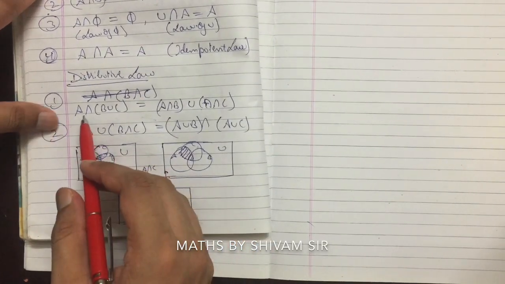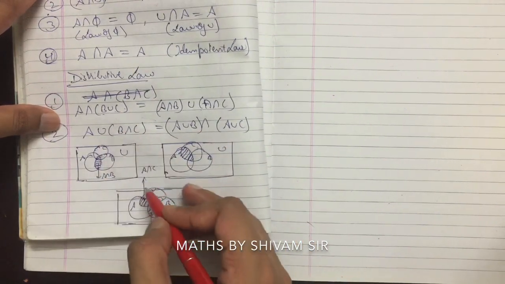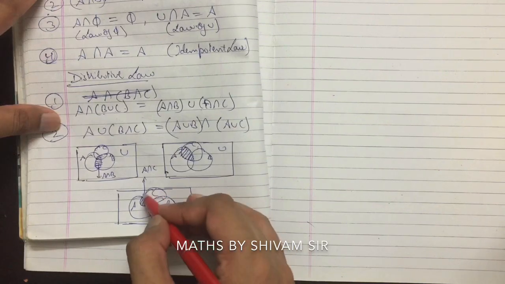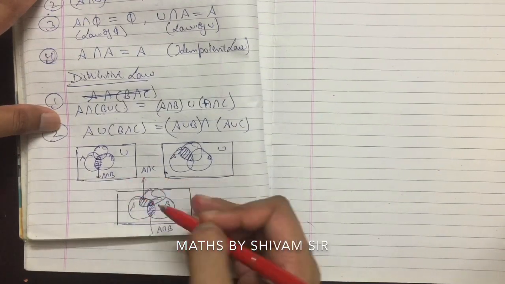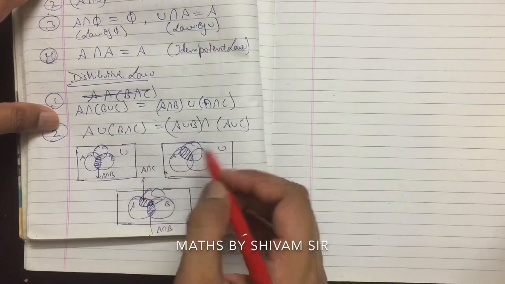Now B union C is this whole set, and A intersection with it means the common part will be this one only. So this is correct using the Venn diagram.